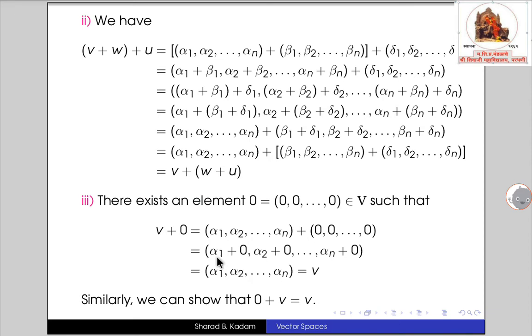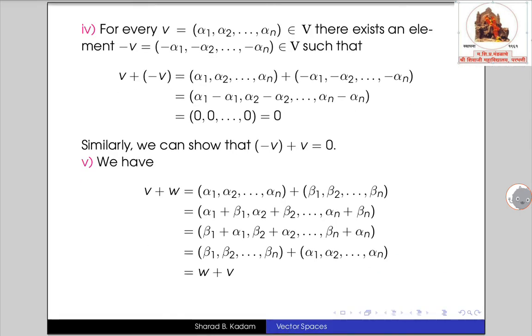So α1 + 0 is α1, α2 + 0 is α2, and so on. Last component αn + 0 equals αn, which is nothing but v. So we have shown that v + 0 equals v. Similarly, we can show that 0 + v equals v.